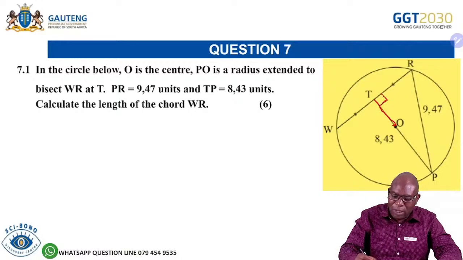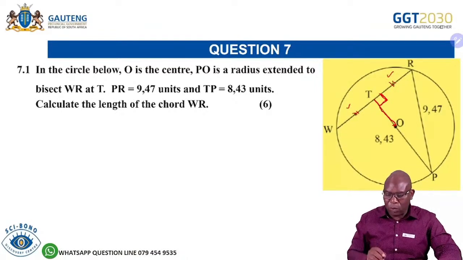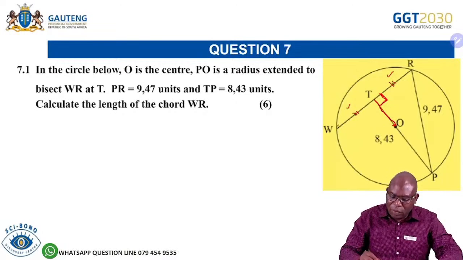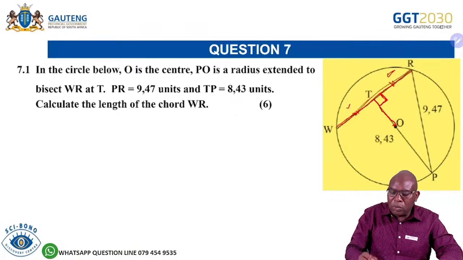Can you see? Already I have that. Meaning that that line and that line is equal. If I know this line, I know that line. So what should I do? And it's 6 marks. They say I must calculate the length of WR. But if I know TR, then I already know TW. Then I can just add the 2. Or I just multiply this line by 2.